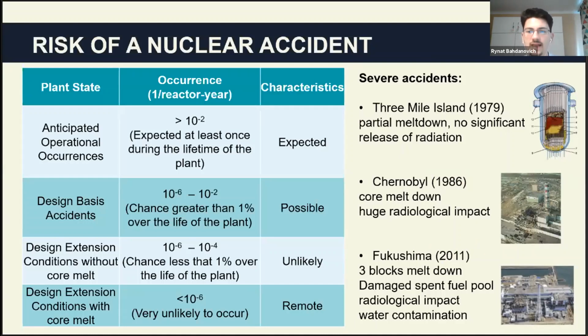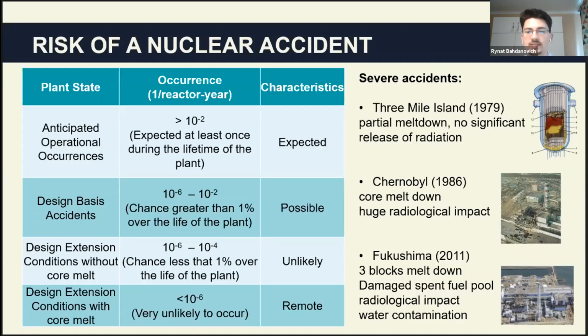Considering these 3 accidents, the probability of a severe accident with core melt is 10 to the -4 power, not 10 to the -6 power. However, these are old reactor concepts of the previous generation.